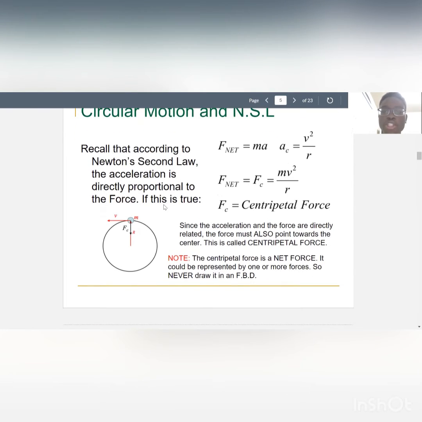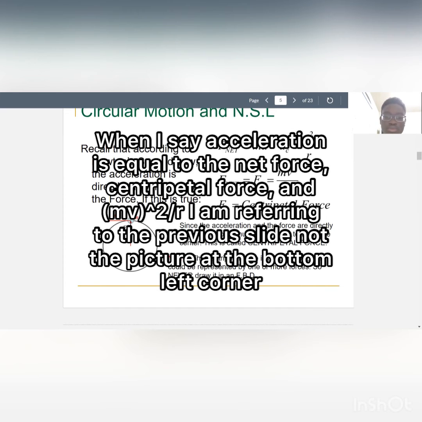And so I mentioned earlier that the acceleration is the centripetal force, and centripetal force is Fc, with the little c. And so the net force is equal to Fc because the acceleration is pointed towards the center, and the acceleration is equal to the net force, which is also equal to Fc, which is also equal to mv squared divided by r, since that's what acceleration is equal to.